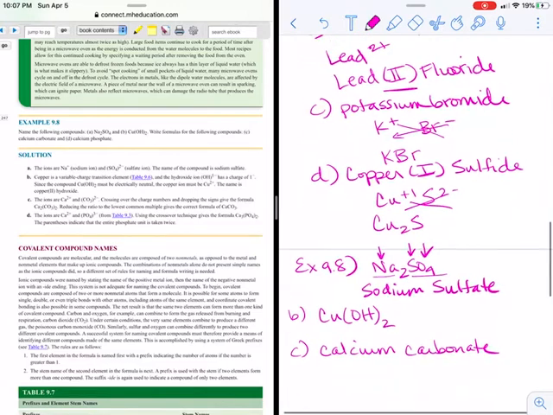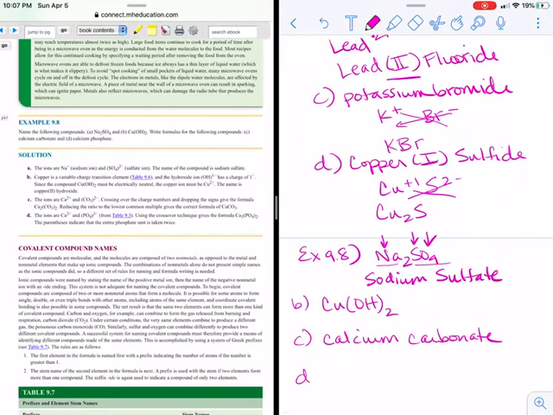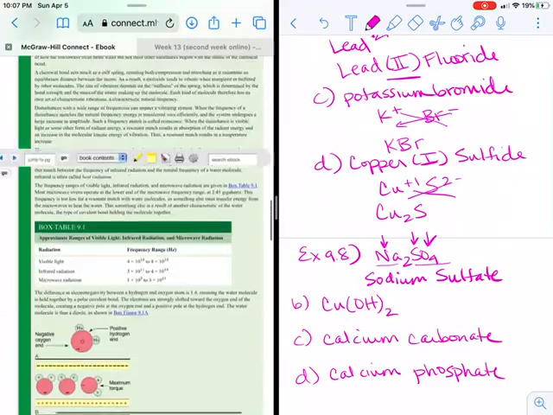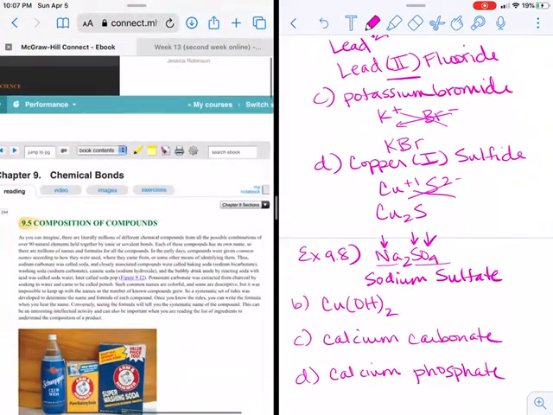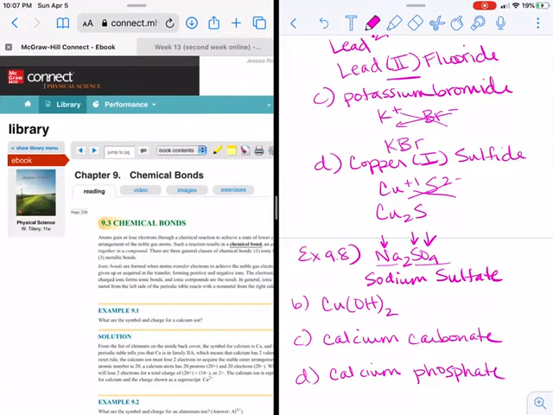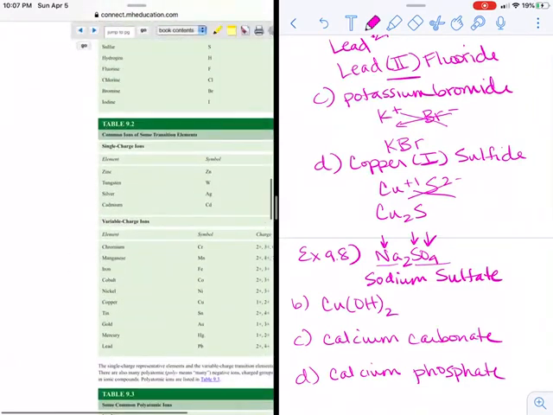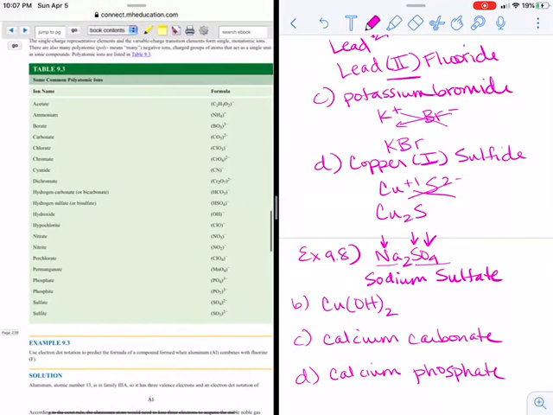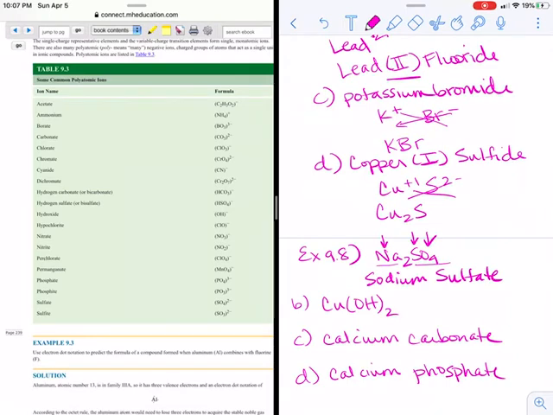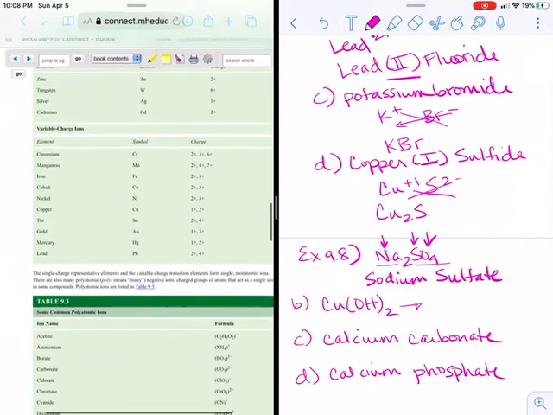Let's see, this is calcium carbonate, and then part D is calcium phosphate. Okay, I'll go back to that table really quick to scroll. Okay, so the first two have the formulas, and then the second two have the worded compounds.